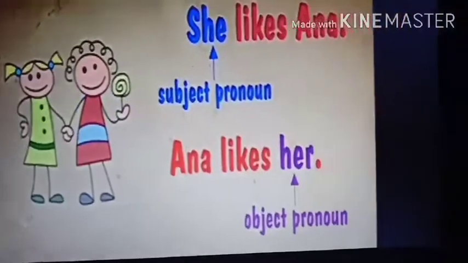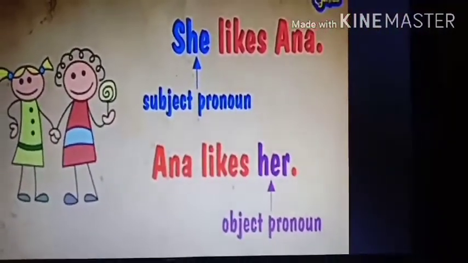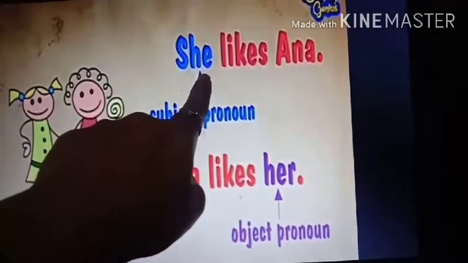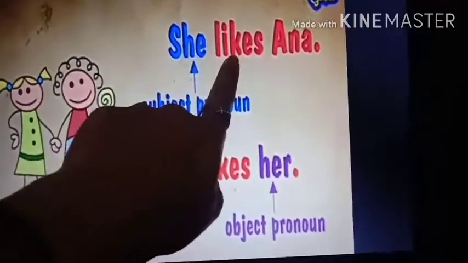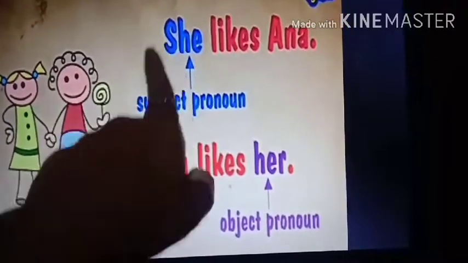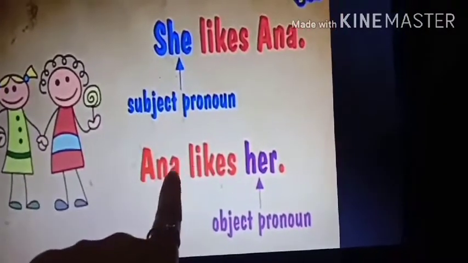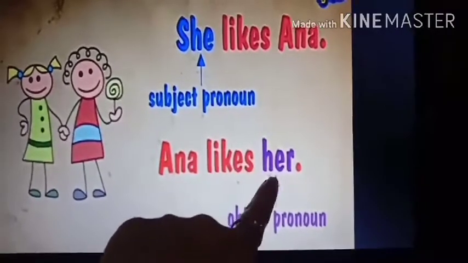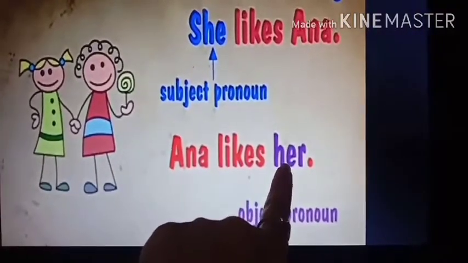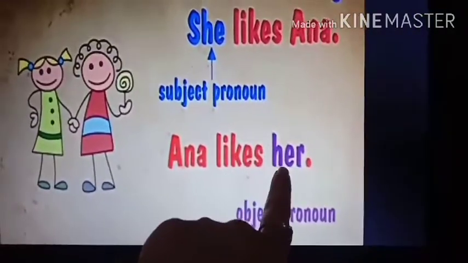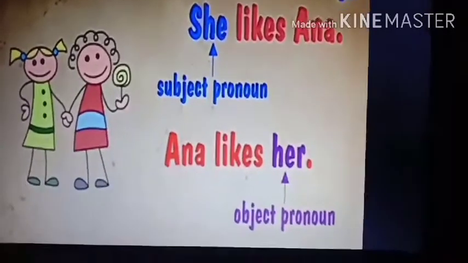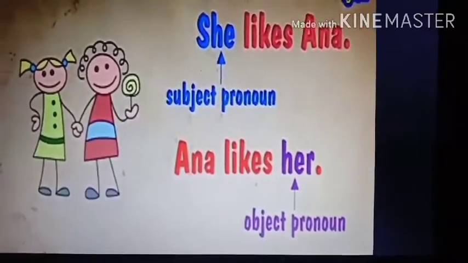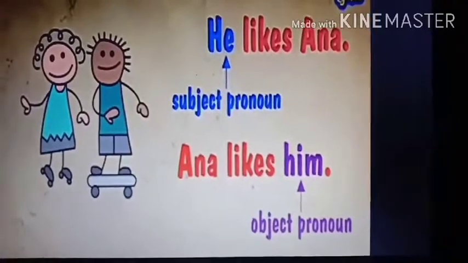She likes Anna. In this, who is doing the action? She is doing the action. She is liking, and it is before the verb, so it is the subject pronoun. Anna likes her. Likes whom? Likes her. So her is receiving the action. It is after the verb, so it is the object pronoun. Now see this sentence.